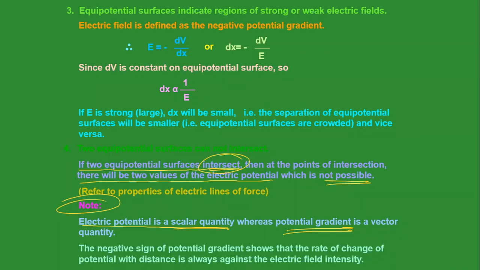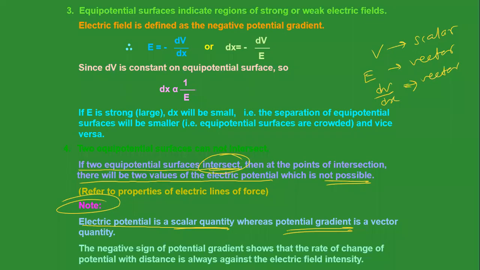So generally, electric potential V is a scalar, then E is a vector, as well as the potential gradient dV by dx is a vector quantity.